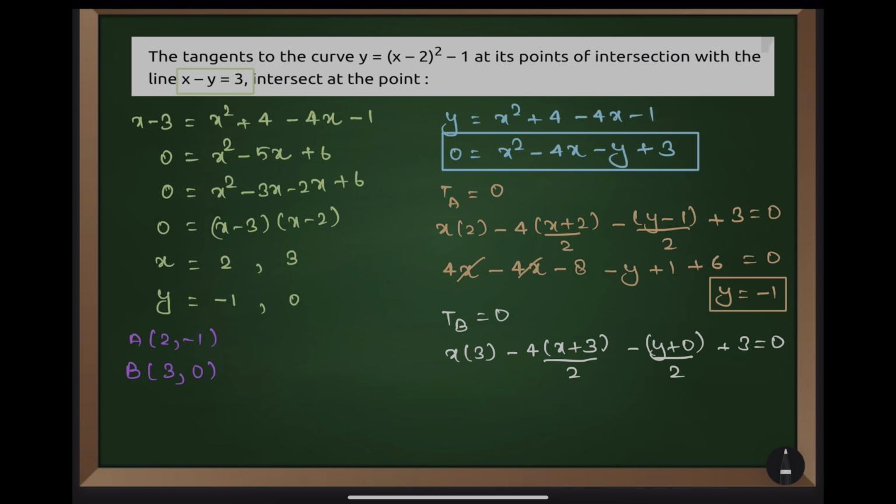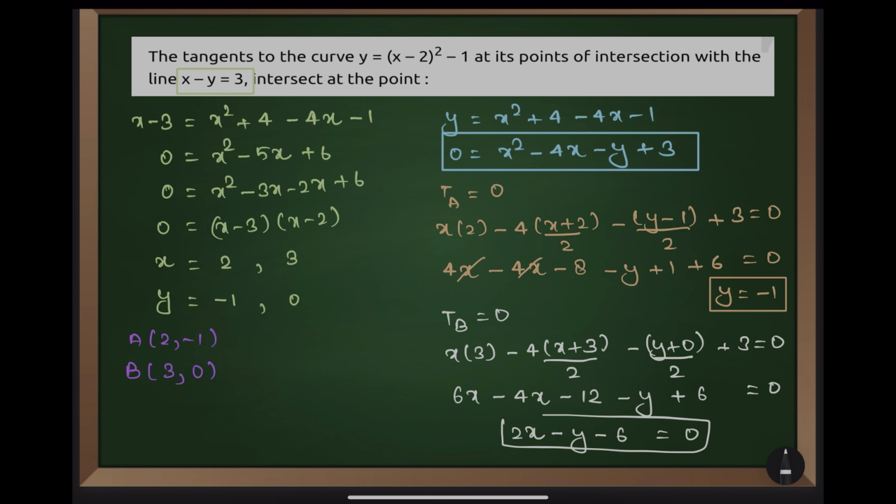Again I'll multiply by 2. So it is 6x minus 4x minus 12 minus y plus 6. So we will get the tangent as 2x minus y minus 6. Correct?